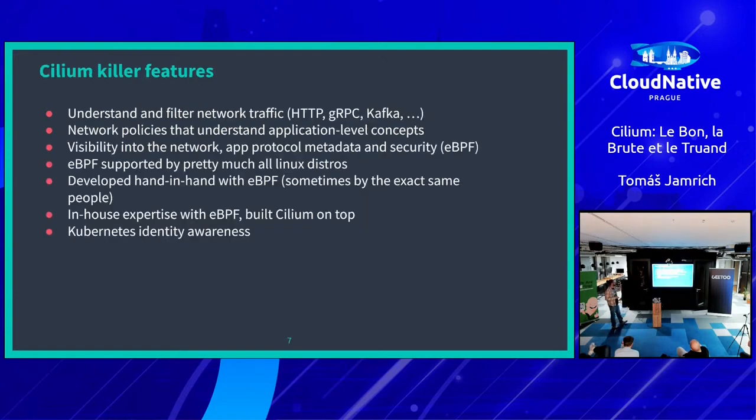So the killer features of Cilium. The first and foremost, it can understand and filter network traffic, being it layer 7 protocols like HTTP, gRPC, but it can understand also specific protocols like Kafka or Cassandra and stuff like that.